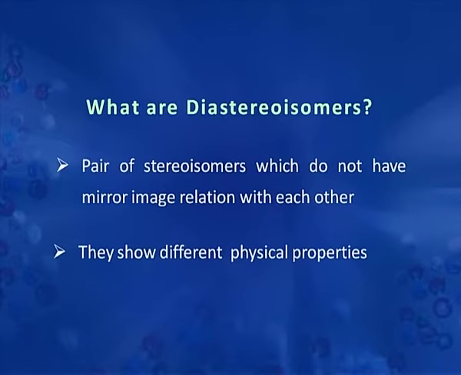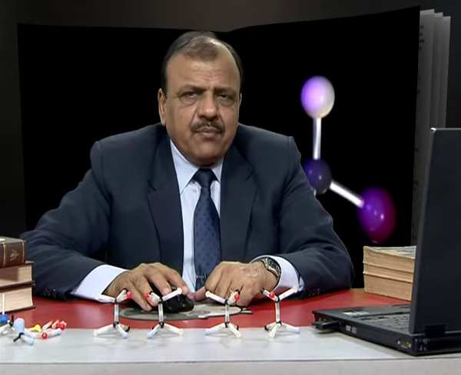They differ in the arrangement of groups in such a way that they do not form each other's mirror image. Diastereoisomers differ in their physical properties, whereas enantiomers have all their physical and chemical properties identical. They differ only in one property, that is called optical activity, whereas diastereoisomers differ in other physical properties also, like solubility, melting point, boiling point and so on.